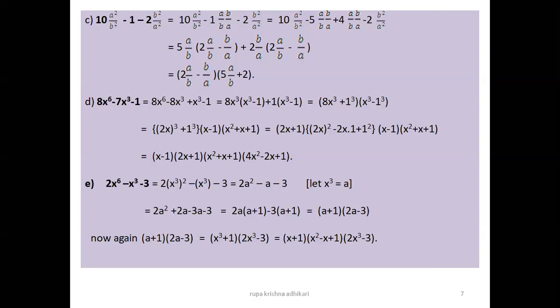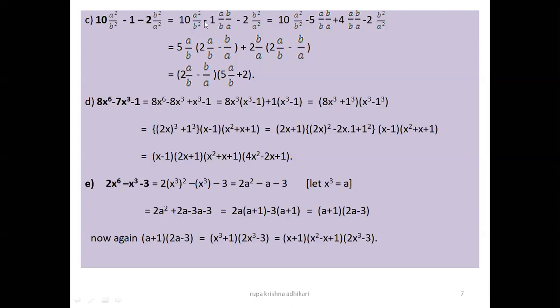On multiplying product, two numbers, product is minus 20, a into c, that is 10 into minus 2, minus 20, b is minus 1. Now what are the two numbers whose product is minus 20 and sum is minus 1? The two numbers are minus 5 plus 4.